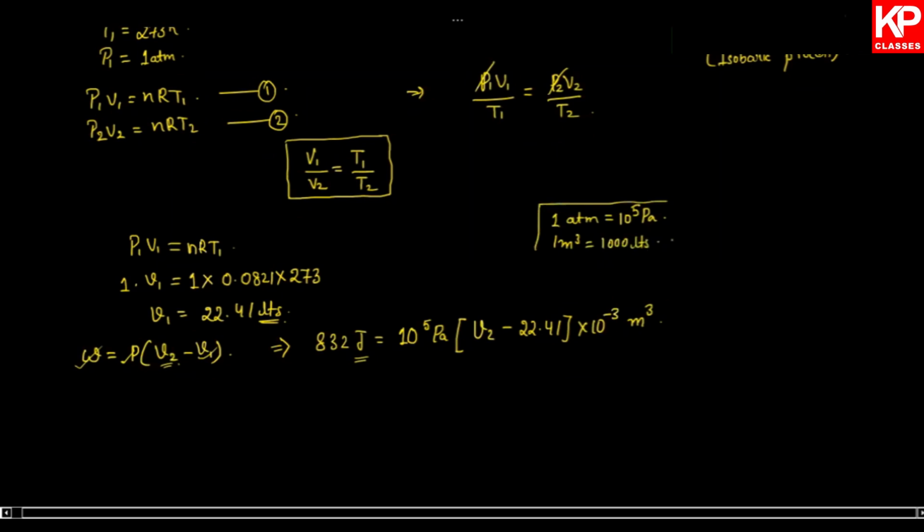Since the work done is given in joules, you have to convert into the SI units of pascals and meter cube. So what is the value of V2 you are obtaining from here? Please solve it and let me know.